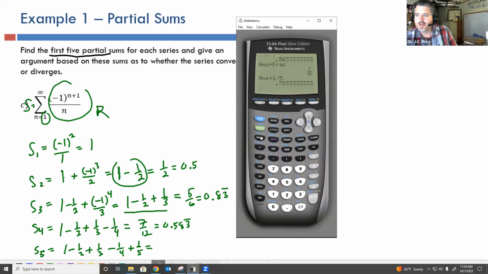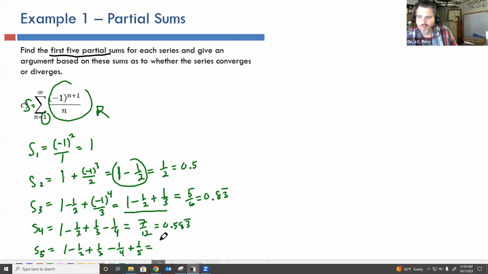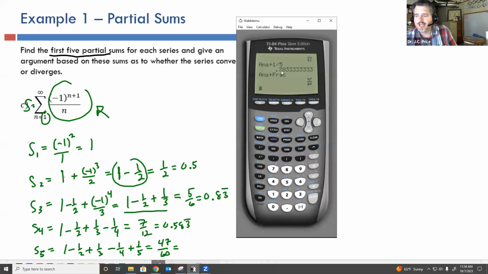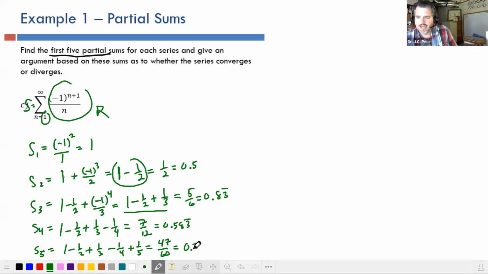It gives me that number. I'll math frac it again, and I get 47 over 60. And so right here, I'll write 47 over 60, which is equal to, and the calculator tells me the decimal form, 0.783 repeating. Okay, looks good.